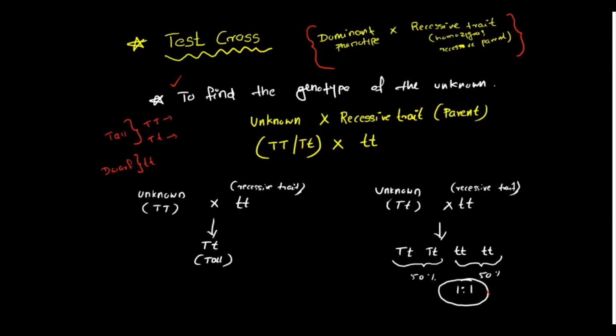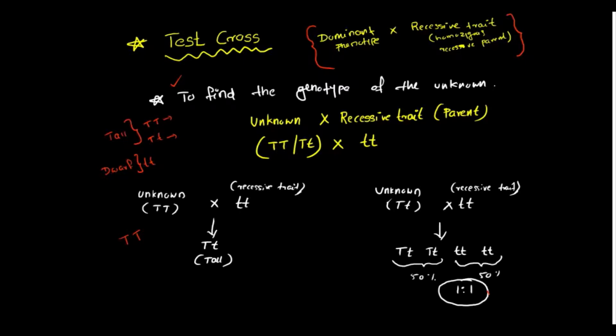If you are getting all the offspring as tall plants, then we can say that the unknown genotype is homozygous dominant. That means capital T capital T. So, a test cross resulting in all dominant offspring indicates that the unknown parent is homozygous dominant.